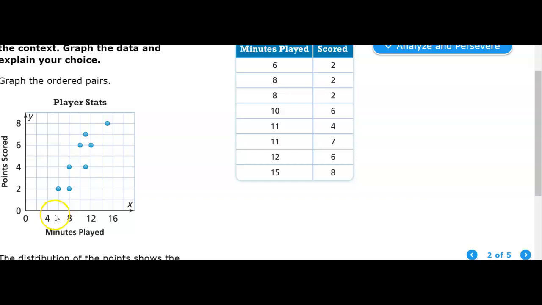So you would graph the 6, and on this particular graph, they skip each line, but if you notice a pattern, they are counting by 2. So 0, 2, 4, 6, 8, 10, 12, 14, 16, 18, and then 20. But we need 6. So we know 6 will be here, and we go up to 2.